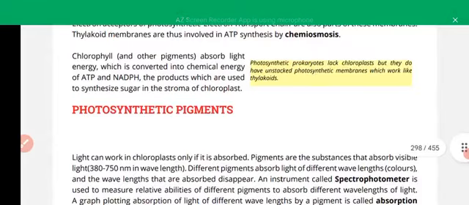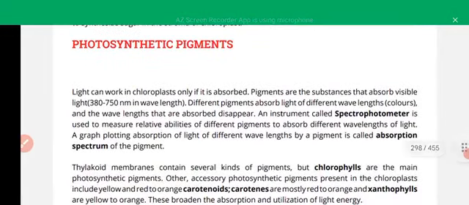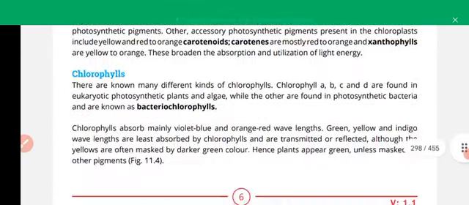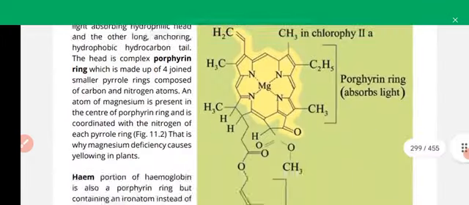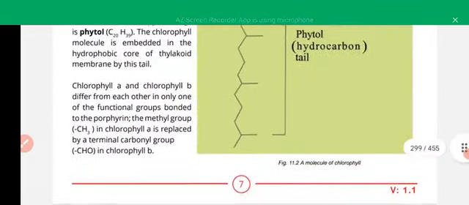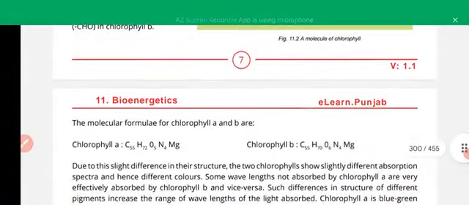Photosynthetic pigments are the substances that absorb light for photosynthesis, though this is also not included in the syllabus. They include carotenoids, chlorophylls, xanthophylls, which are yellow, and carotenoids, which are red to orange, and various types of chlorophyll A, B, C, and bacterial chlorophyll. Chlorophyll A and chlorophyll B differ only in their functional groups.